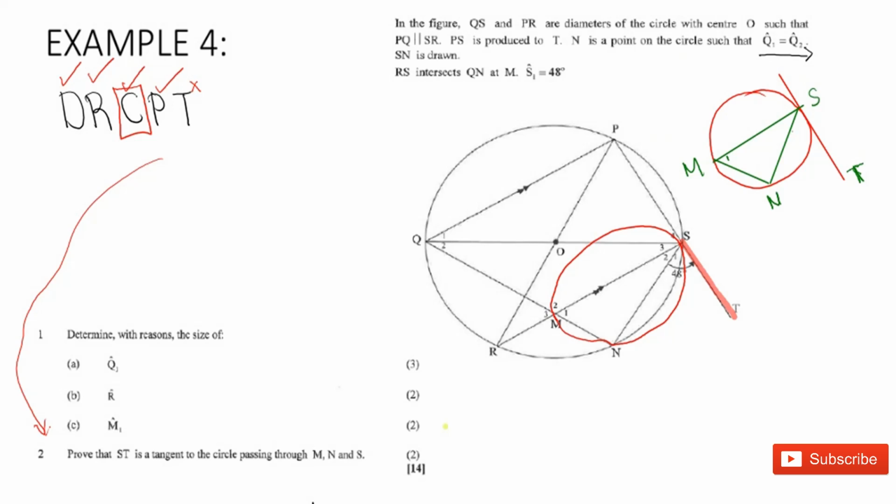That angle there is equal to 48 degrees. And then we also proved that that angle there was also equal to 48 degrees. So now from there, how do we prove that ST is a tangent to the circle passing through M, N, and S? It is a tangent based on the tan chord theorem.